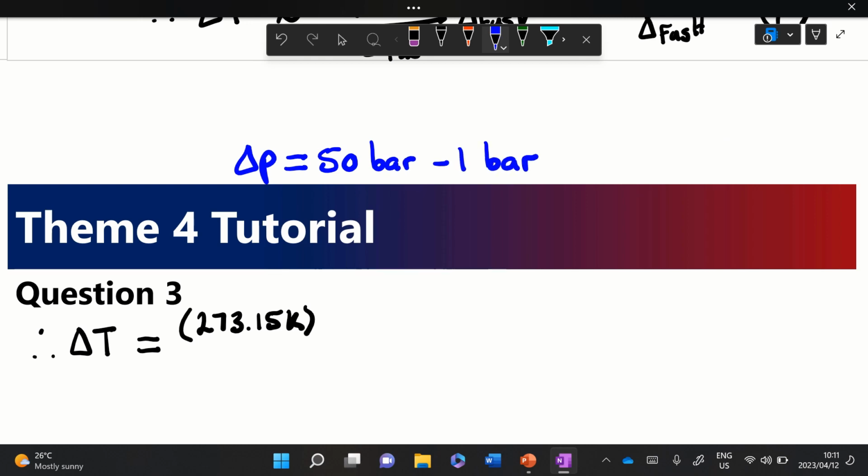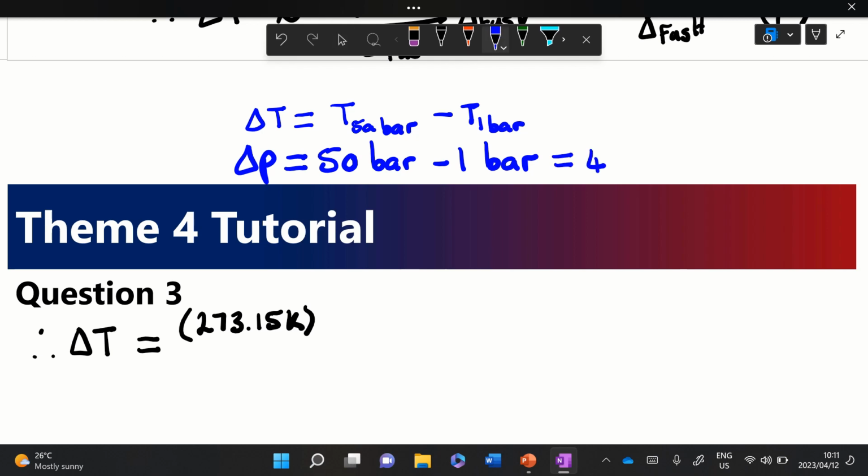So then we just need to remember that delta T will correspond to the value that we want. In other words, the T at 50 bar minus the T at 1 bar. Just remember that delta T then corresponds to that symmetry.